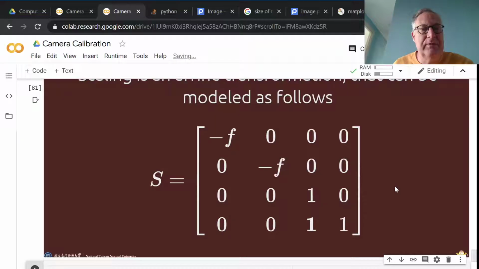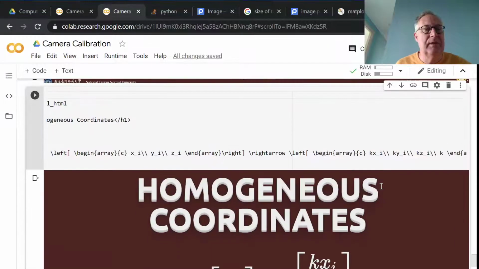So that gives me the z coordinate. When I multiply this here at the beginning, I get minus f times x.